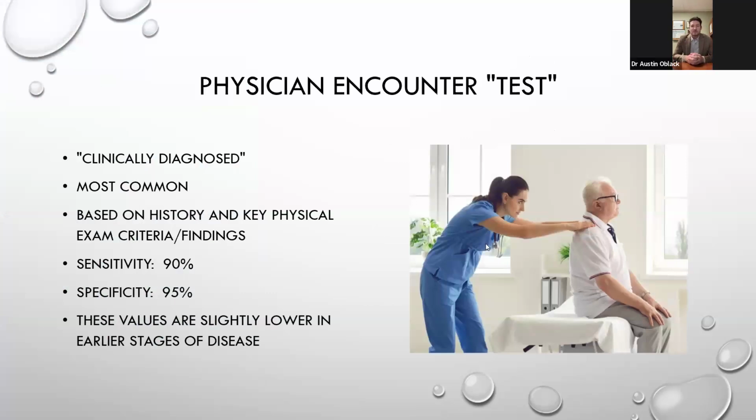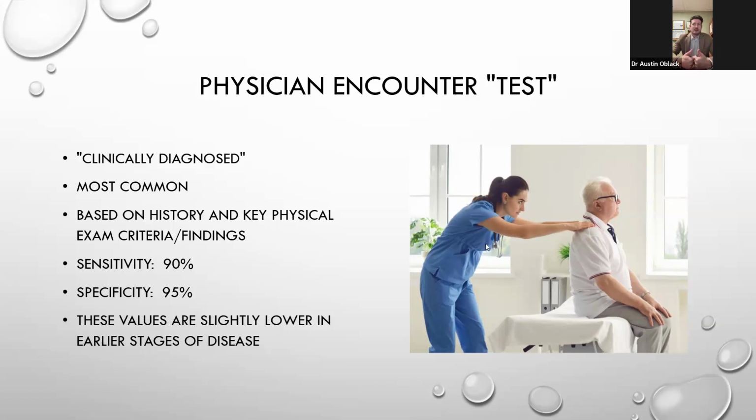Not really labeled a specific test, but a clinical diagnosis of Parkinson's disease is probably the way most patients wind up getting diagnosed. It's based on a combination of the history, so symptoms that a patient or a caregiver will describe whenever they come in for a visit, along with key physical exam findings.